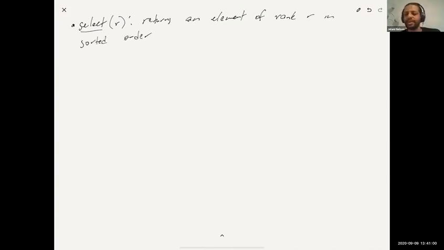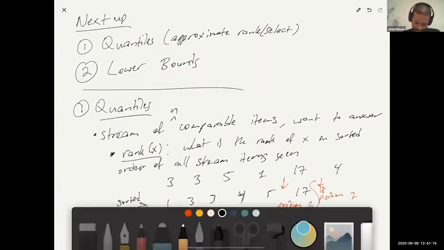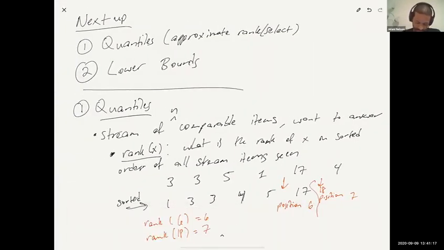Now, as you might imagine, these problems are hard. So we're settling for some approximate version if we want to get away with low memory. Hard in terms of memory consumption, it's hard to get something that's not linear memory. The way we're going to settle for an approximation is as follows. For rank, we're willing to return the rank of x plus or minus an additive error term of epsilon times n.